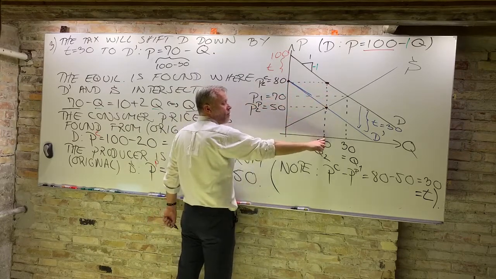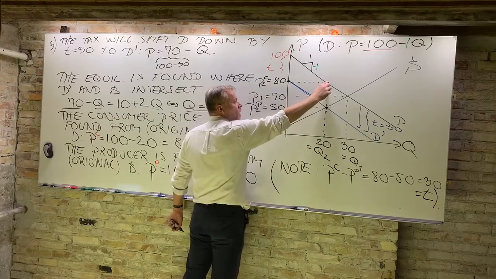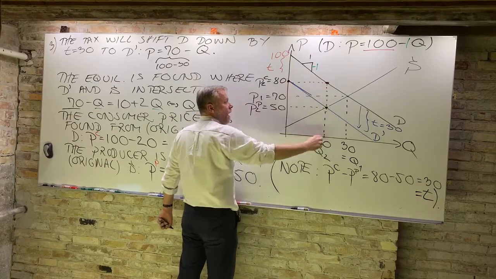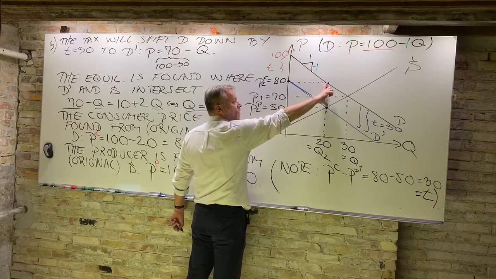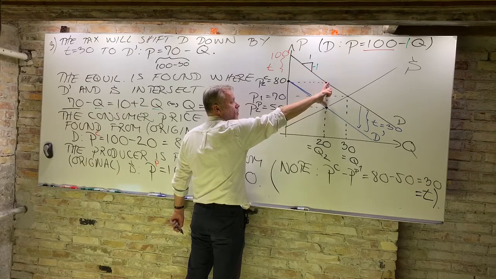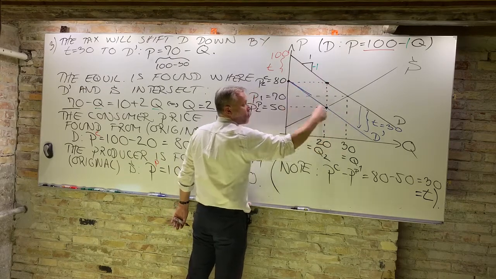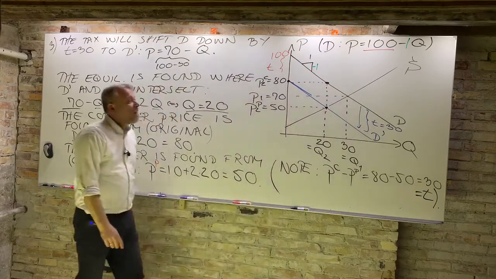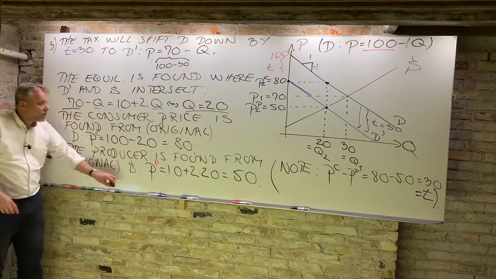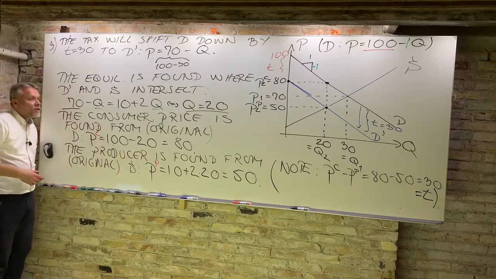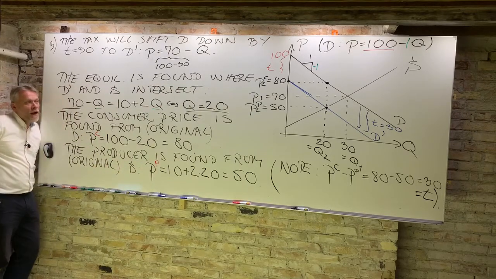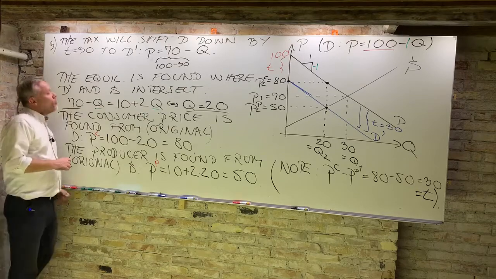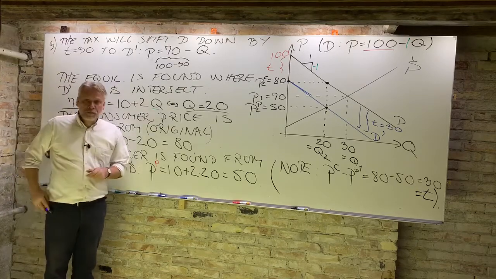Because the difference when you plug in the 20, moving up onto the original demand curve and the supply curve, is exactly the vertical distance between those 2 curves, which corresponds to by how much you have shifted the demand curve downwards, in other words, by 30. So unless you have made a calculational error somewhere, you will get, by using this method, a difference between the consumer and the producer price equal to 30. And that concludes the question.